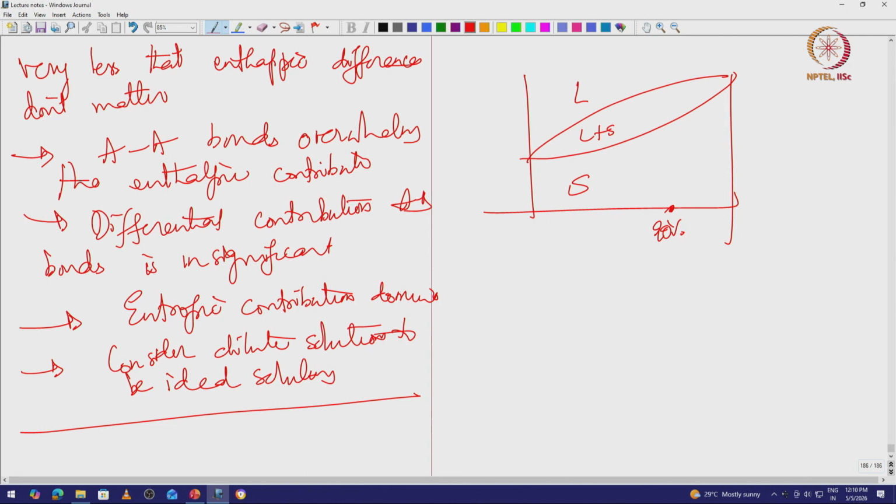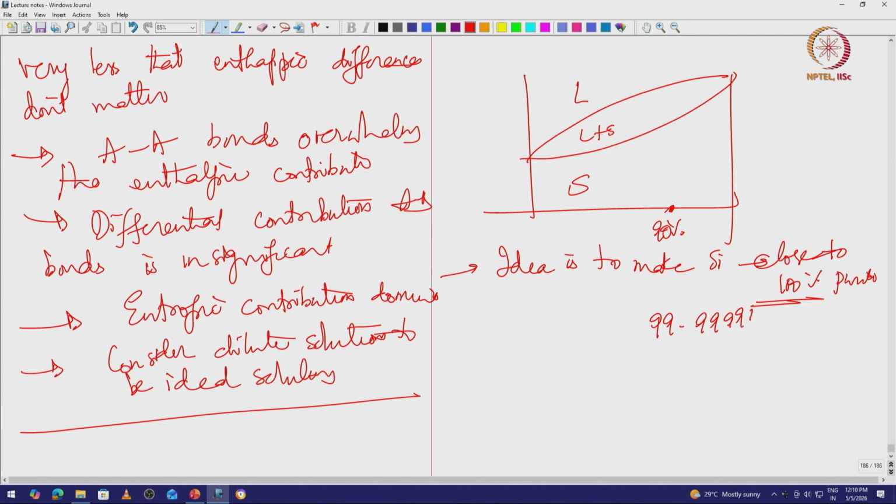The idea is to make silicon close to 100% purity. 100% is not possible, so five nines, 99.999. So, I want to get to five nines purity.